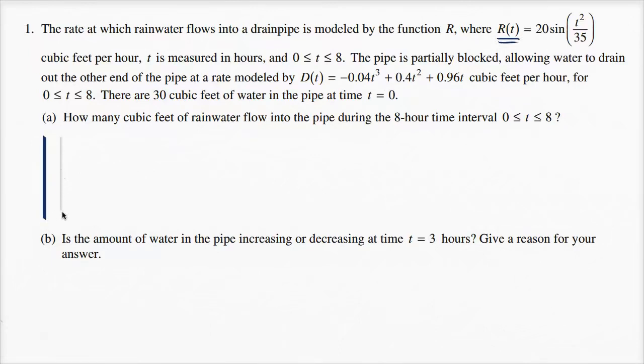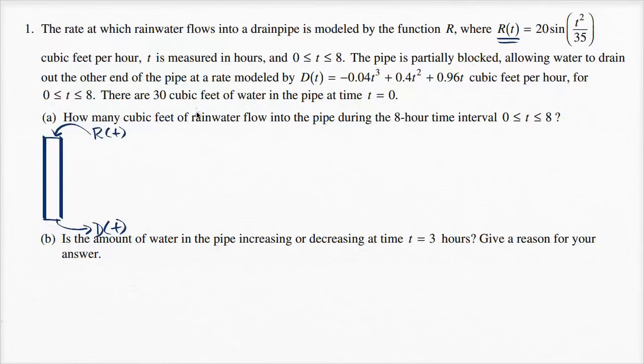Things are flowing in at a rate of r of t, and things are flowing out at a rate of d of t, and there's 30 cubic feet of water in the beginning, but these are the rates of entering and exiting.